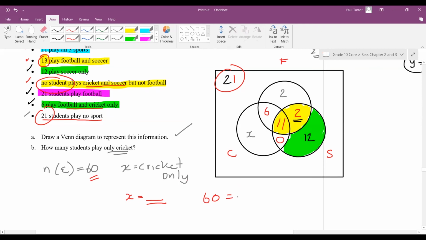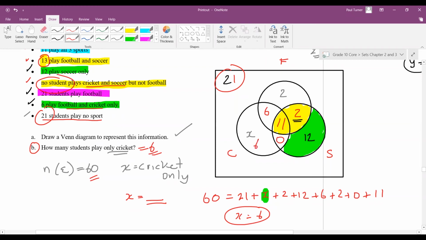So add all those numbers up. 21 plus X plus 2 plus 12 plus 6 plus 2 plus 0 plus 11. Okay, and X is here. So what is X then? Can't be 60 because your total is 60. 6. Yeah, 6. Okay, good. So you should get 6 for that one. So your answer to part B would be cricket only is 6. 6 people goes in here.